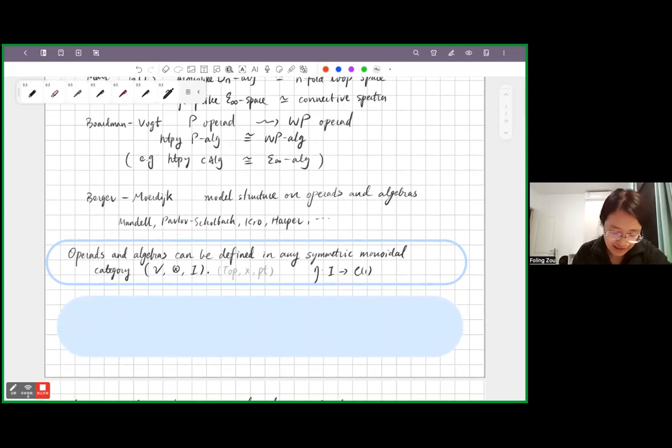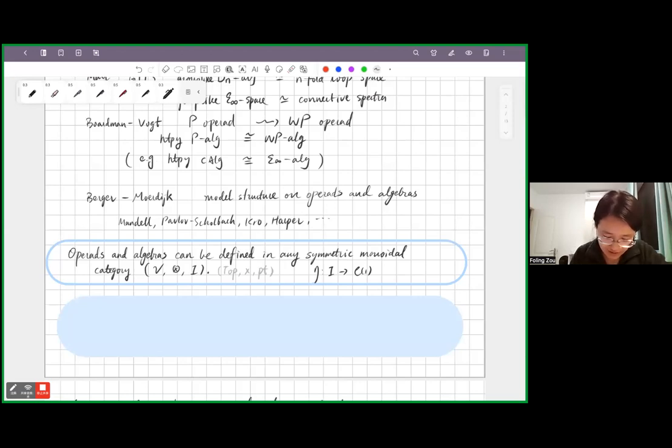Right, and so far I have only talked about operads in spaces, and it is quite straightforward to see that operads and algebras can be defined in any symmetric monoidal category, (V, ⊗, I). In the example above, we are taking the symmetric monoidal category of topological spaces, with cross product and a point.